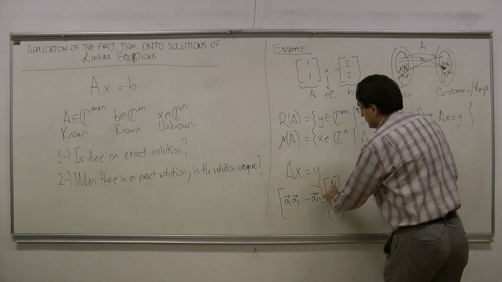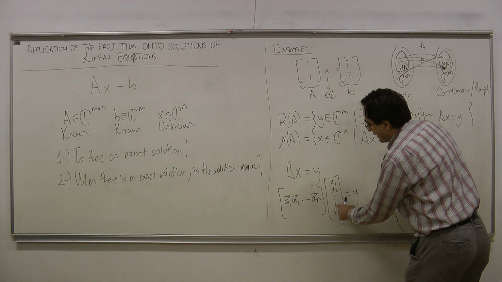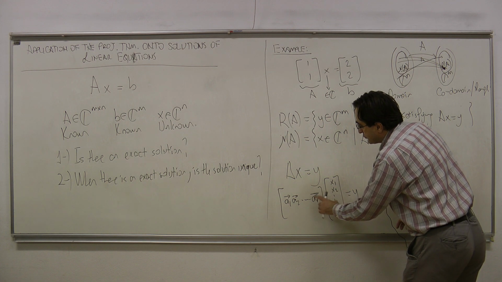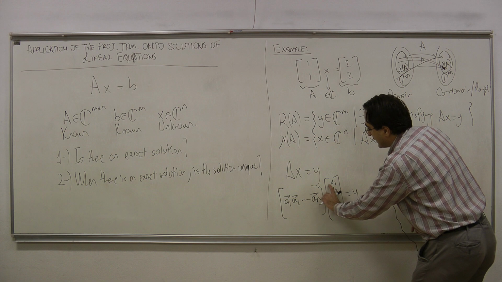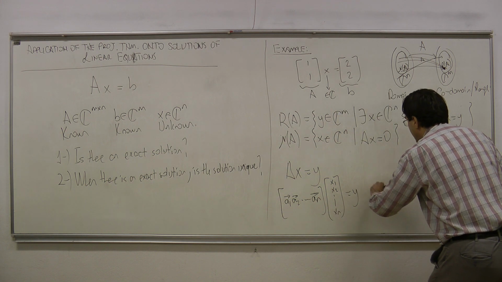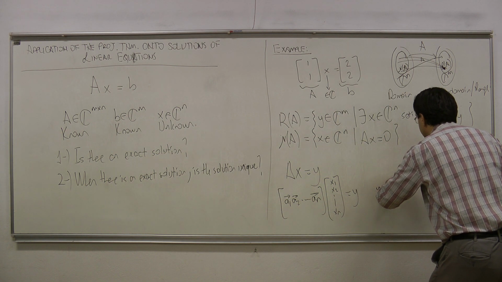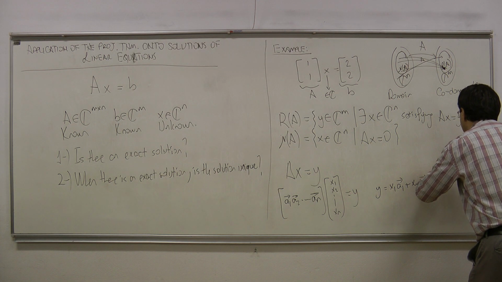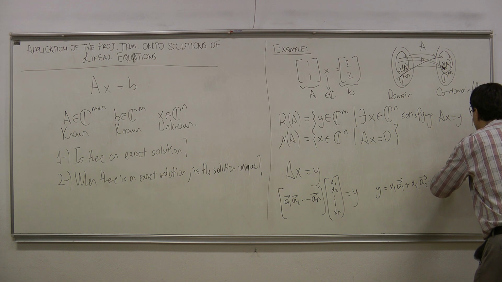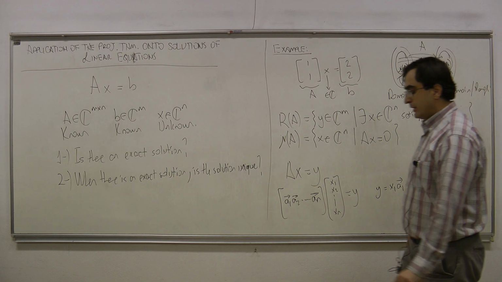Now these are scalars, and by the rules of matrix vector calculation, this matrix times this vector is the following. Y is equal to x1 times a1 plus x2 times a2 going until xn times an.